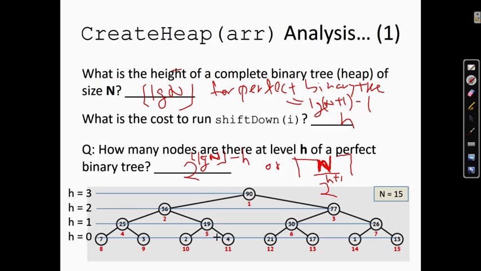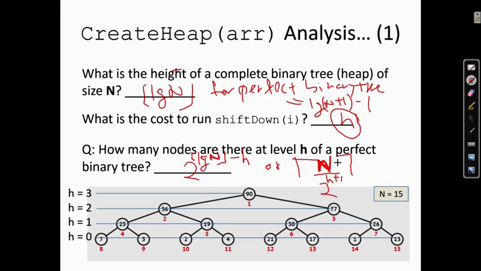Now, in the worst case, when you perform the fast heap creation, at each level the vertex must be shifted all the way down to the leaf. So that will take h time, depending on which level they're at.